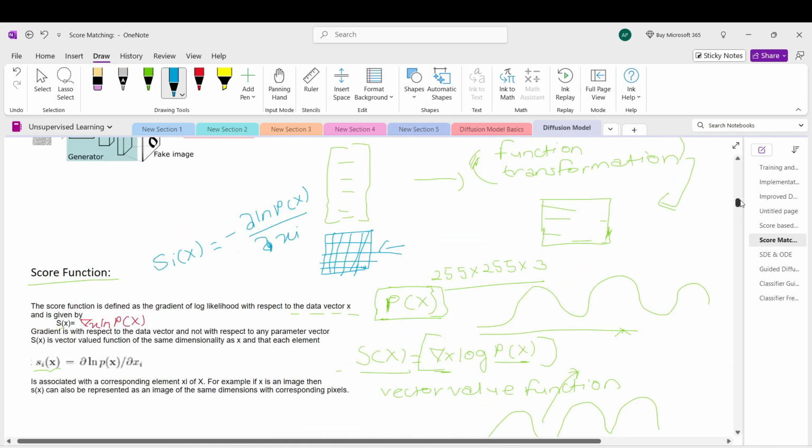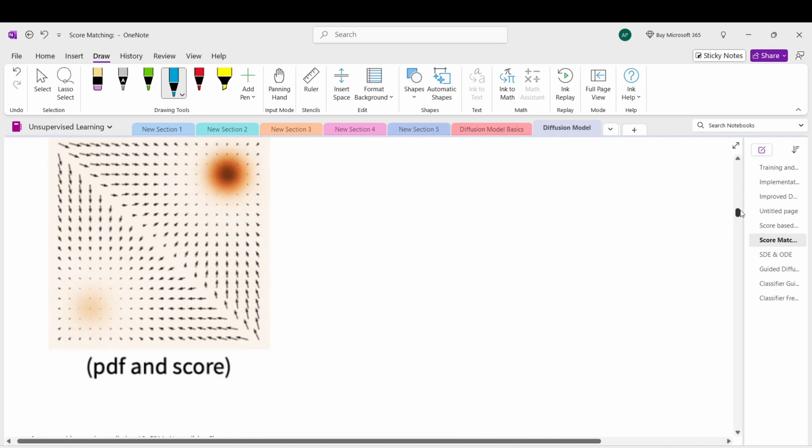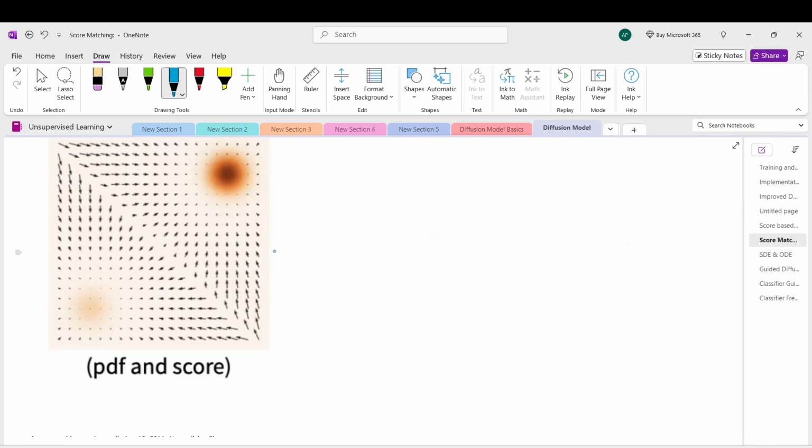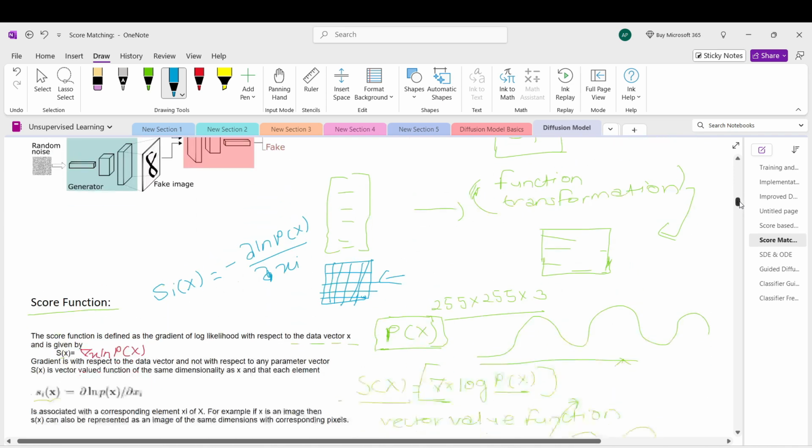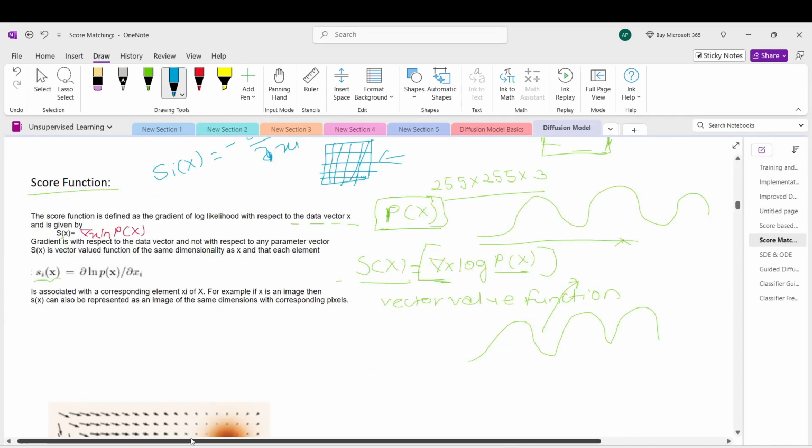This is the data which has certain dimension, and the dimension of this score and the dimension of this image will be the same. Each element of this score is defined by this.